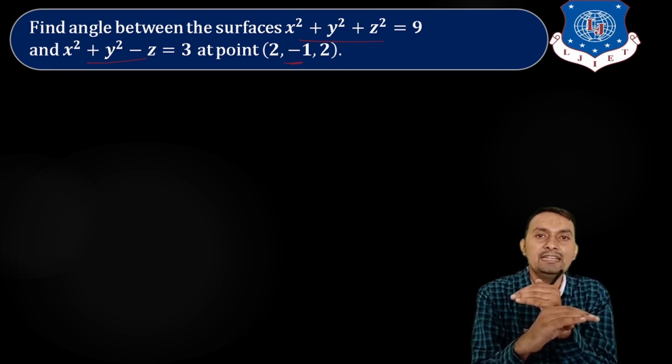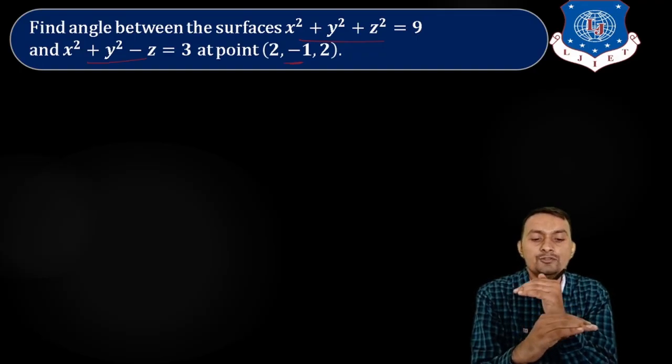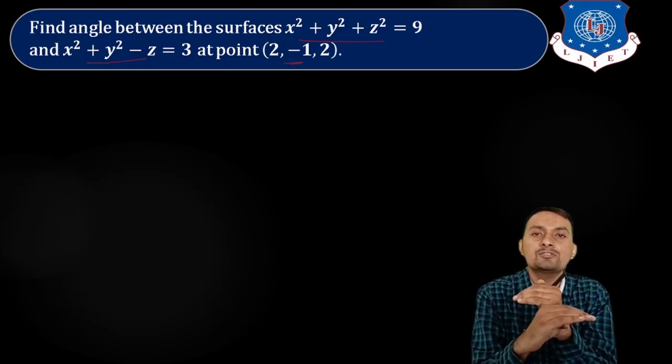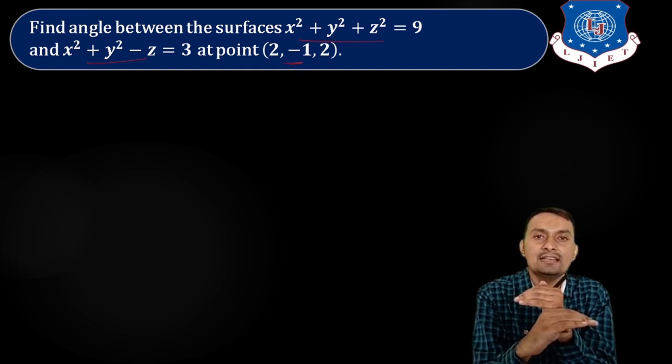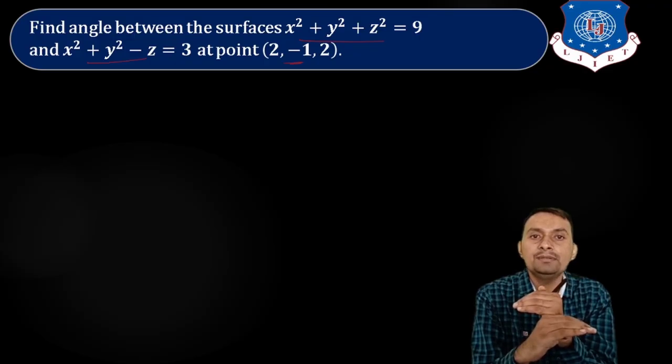Based on that we can determine the two vectors, and after that we can determine the angle. So whenever surfaces are given, keep in mind that we can determine the angle between them, and also see whether they are perpendicular or not. But according to the question, we need to find the angle between the surfaces.